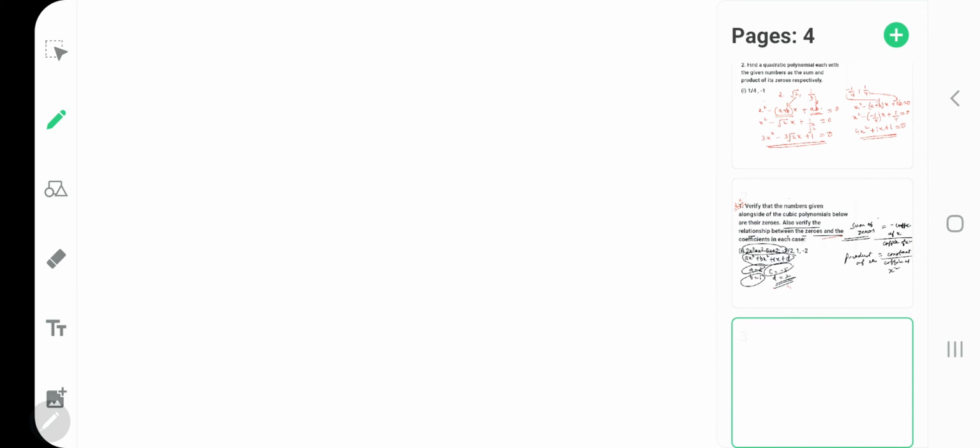If I give symbol alpha to my first zero, beta to my second zero and gamma to my third zero, then alpha plus beta plus gamma is equal to minus b upon a. So this is the sum of zeros.